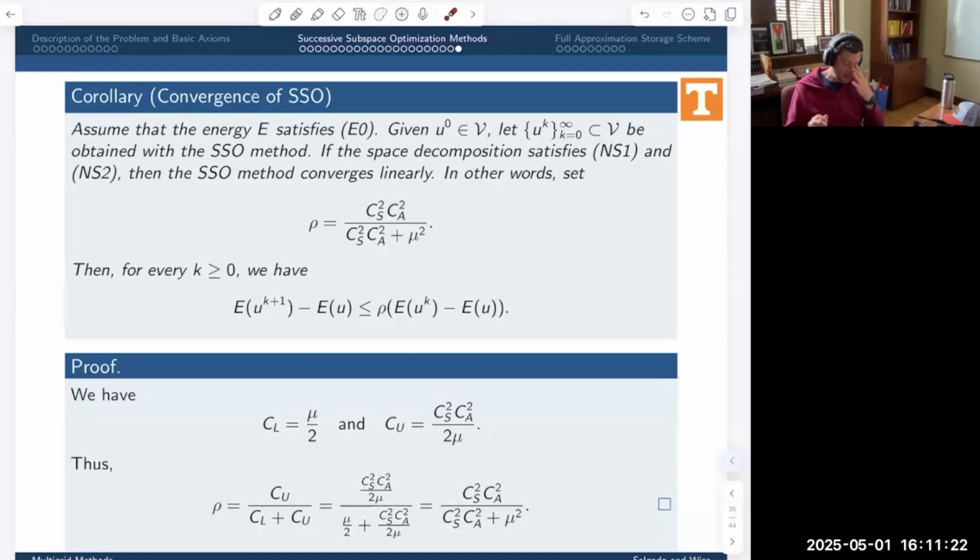The big downside is that it's not necessarily super efficient. The plus side is it's about the smallest contraction rate that we can possibly get within this framework that we're using, this subspace decomposition framework. It's the smallest contraction constant that we can get for the energy.